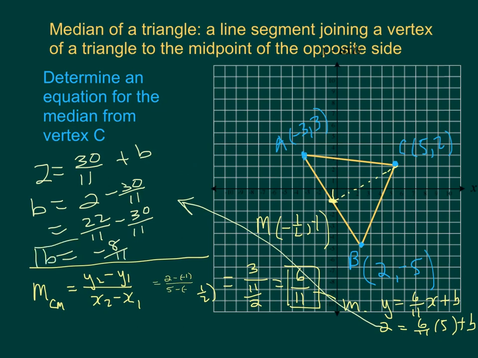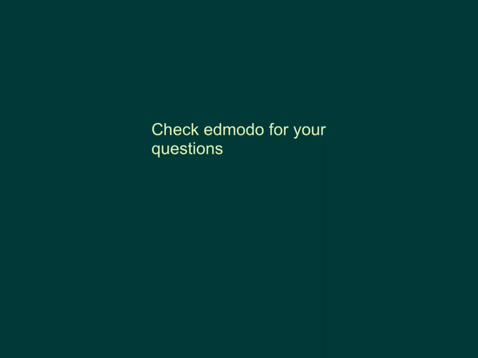And that is my b. So I have my slope, which is 6 over 11, and I have my b, which is -8 over 11. So in the end, my equation is y is equal to 6 over 11 x minus 8 over 11. And there you go.